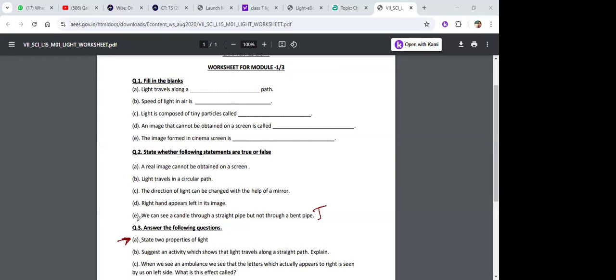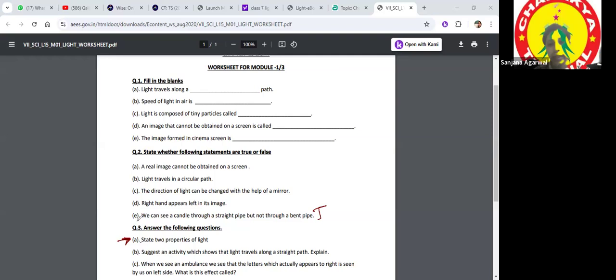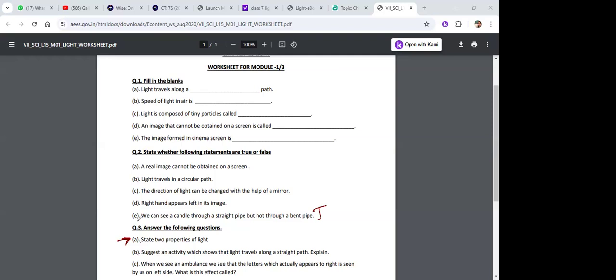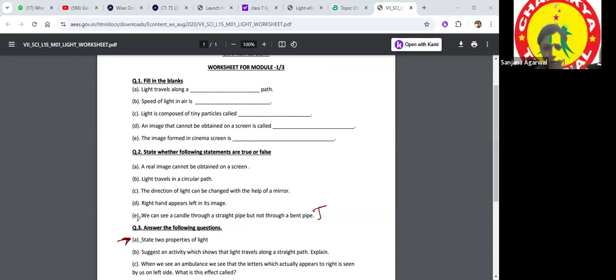Ma'am, reflection, and it can also be refraction. Okay. Rectilinear propagation can also be. My answer is reflection and refraction. That's fine.